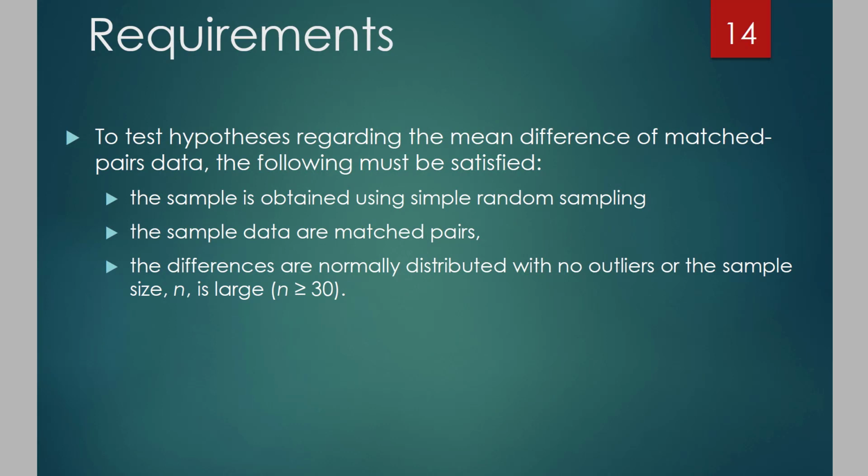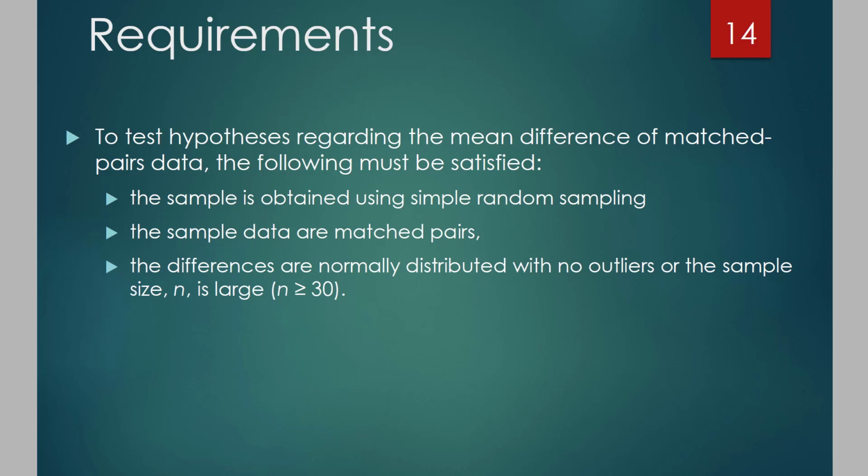As always, there are some conditions that need to be reviewed, and so this is as good a time as any to review those. Remember, we're doing two samples, but one mean, because we're taking the difference of those samples. And so we have to have random samples. They are matched, and so you can't change the order of the observations within the samples. It makes it a hassle. And we need the central limit theorem here.